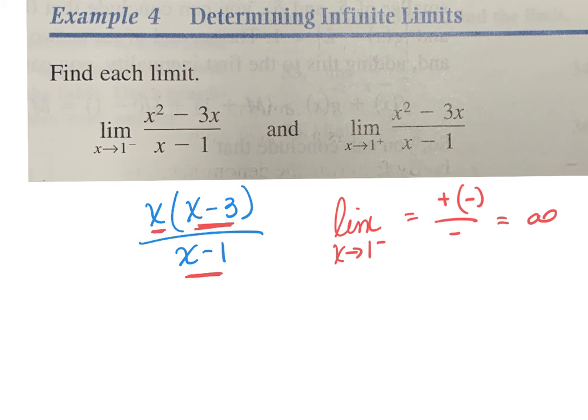All right. We're going to take the same exact thing and we are going to do it with just a little bit larger than 1. I'll change the color. So the limit as x approaches 1 from the positive side. All right.